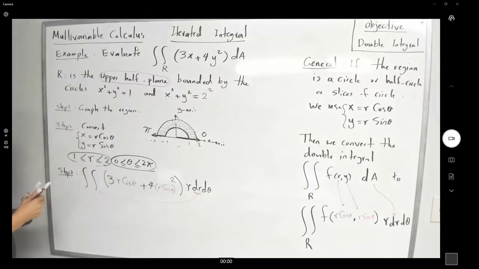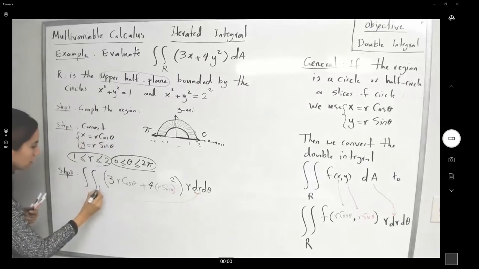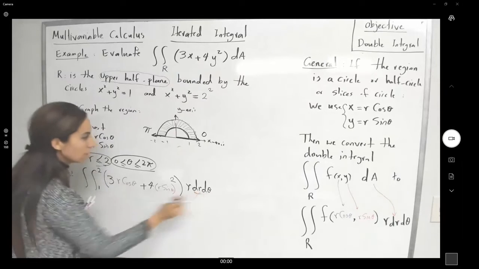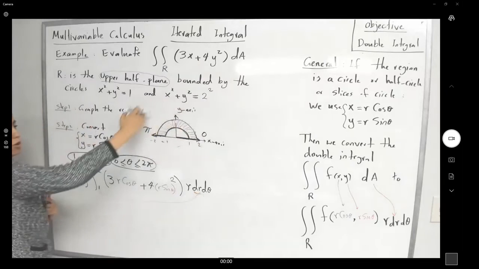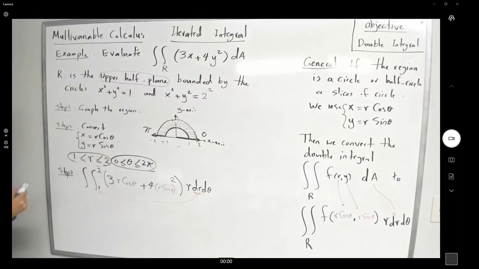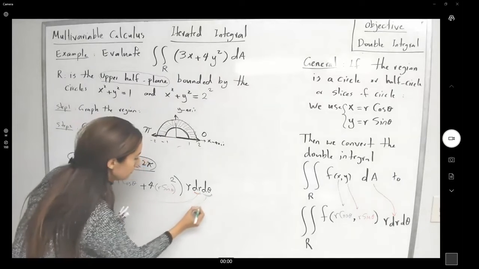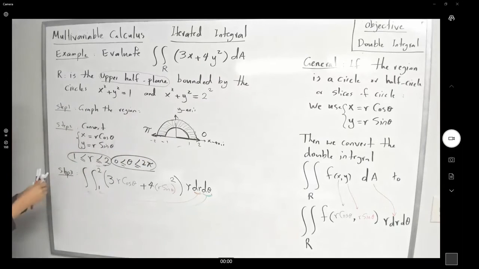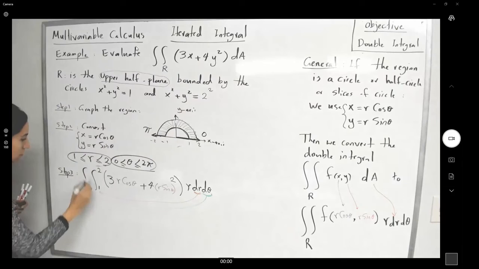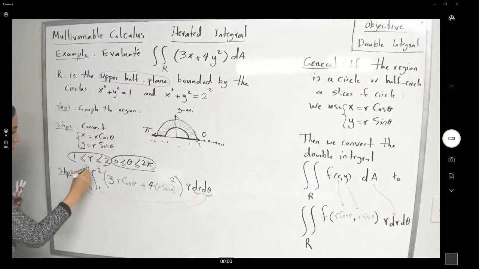R is bounded between 1 and 2. And my theta is bounded between 0 to pi. 0 to pi. Zero, 2 pi, not 2 pi.